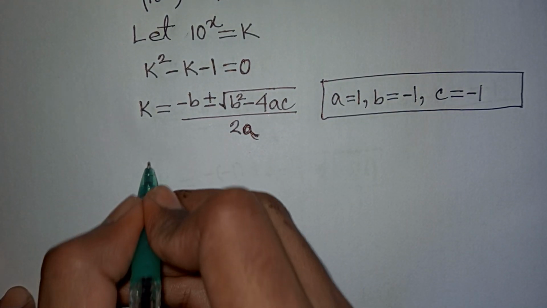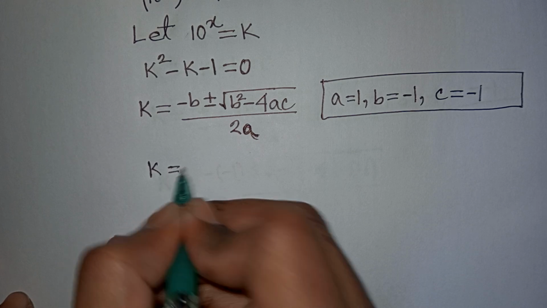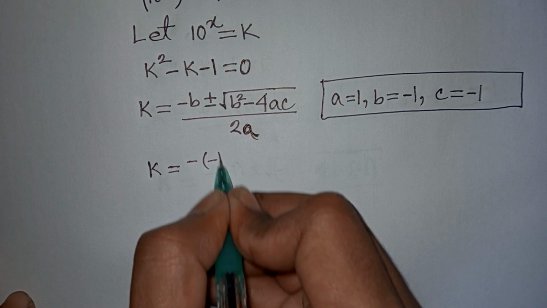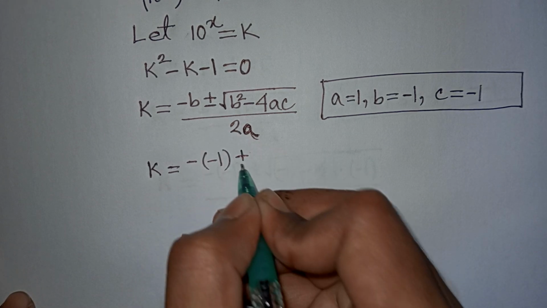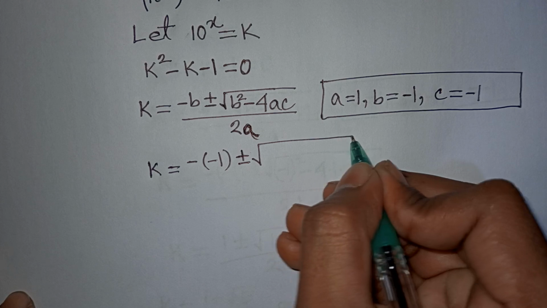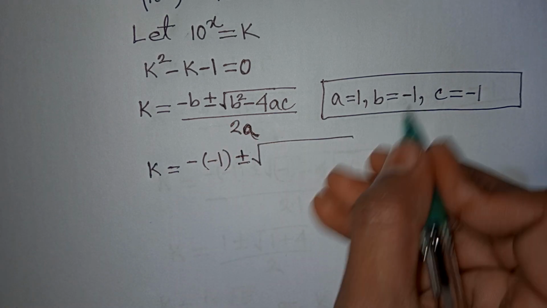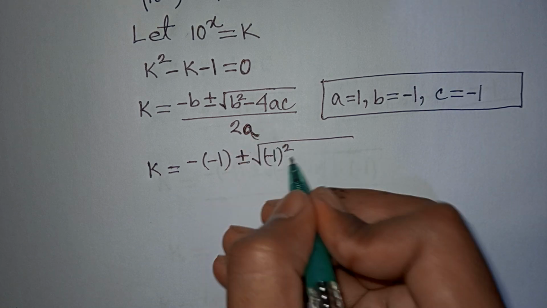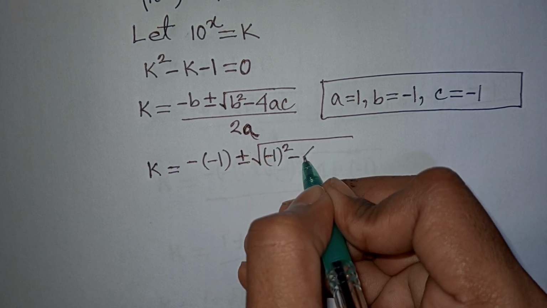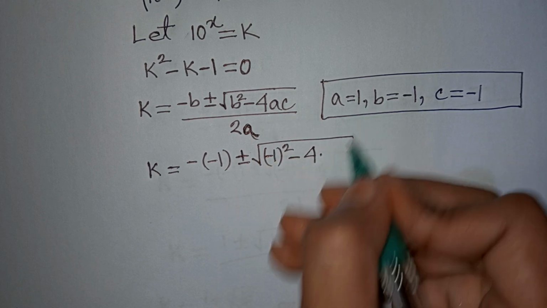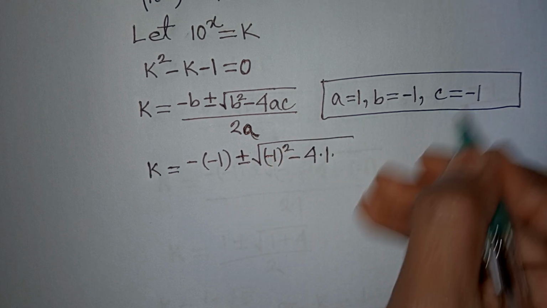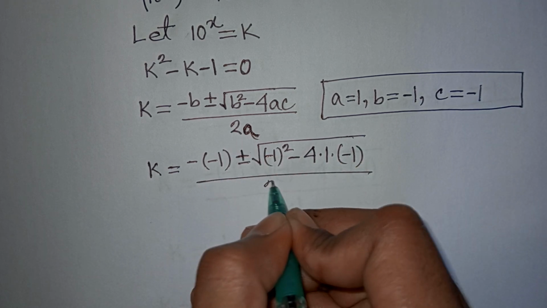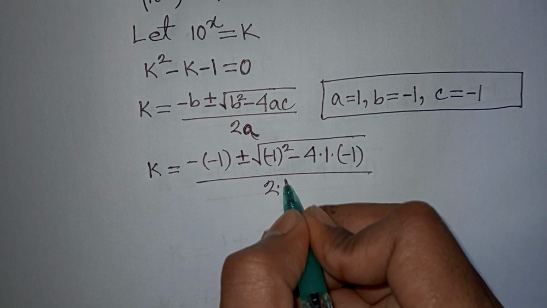Now, we can write here k is equal to minus b, that means negative 1. So, it will be (negative 1) plus or minus the square root of b^2, that means (negative 1)^2, minus 4 times a, that means 1, times c, that means negative 1, divided by 2 times a, that means 1.